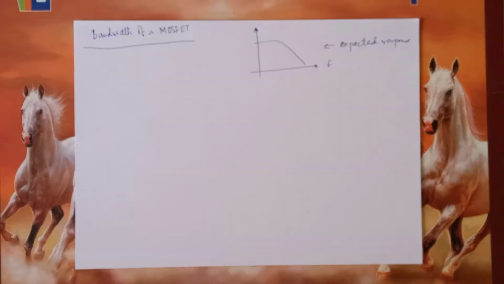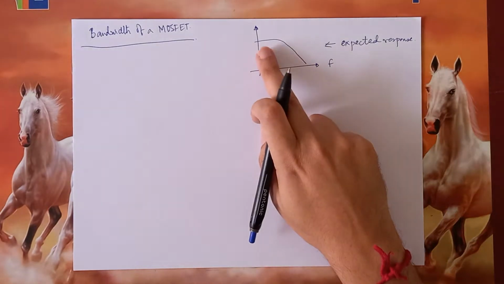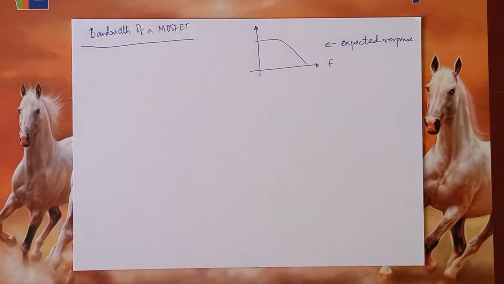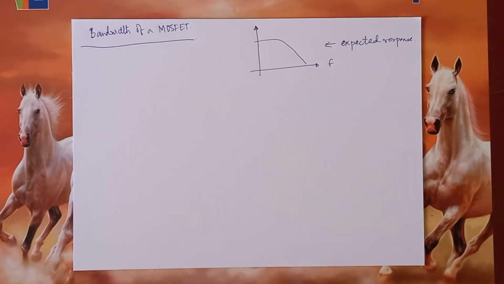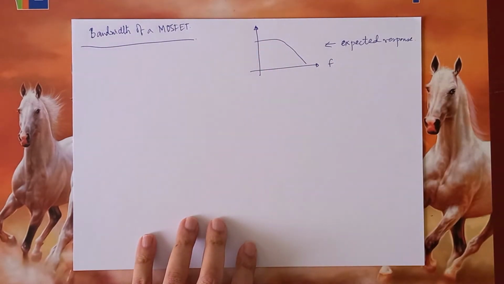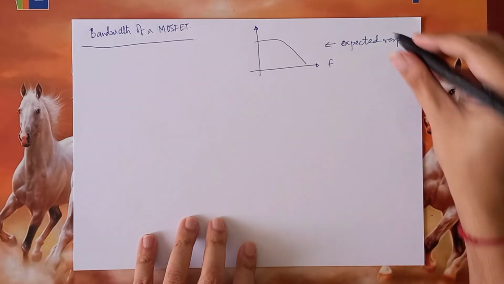And that is not a wrong thing to expect, because as you know, at very low frequencies, the capacitances inside the MOSFET don't play a role. So therefore, it is able to give some gain, and at higher frequencies, those capacitances become more and more dominant and would definitely cause the gain to come down.